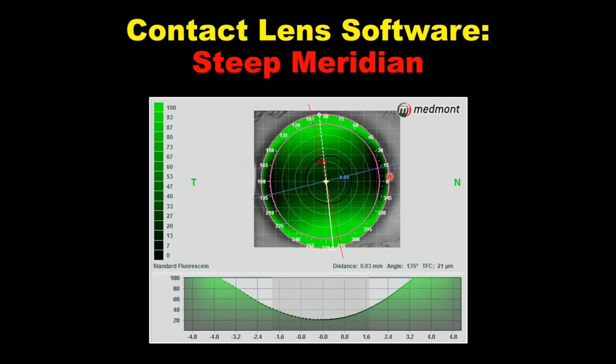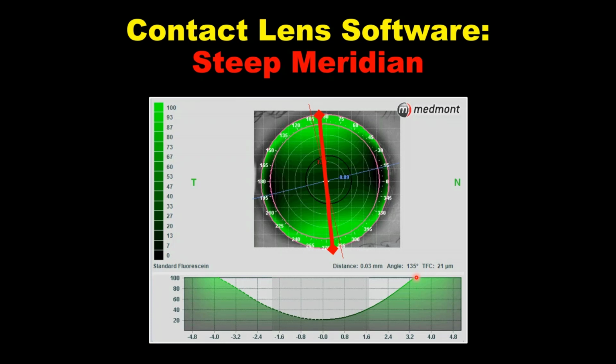If we go to the steep meridian, we take this white axis line, rotate it to the vertical, where the tear film is the thickest. We notice how much fluid layer we get as we go north, how much fluid layer we get as we go south or inferior. Now remember that this cornea was about a 4.5 diopter corneal astigmatism.